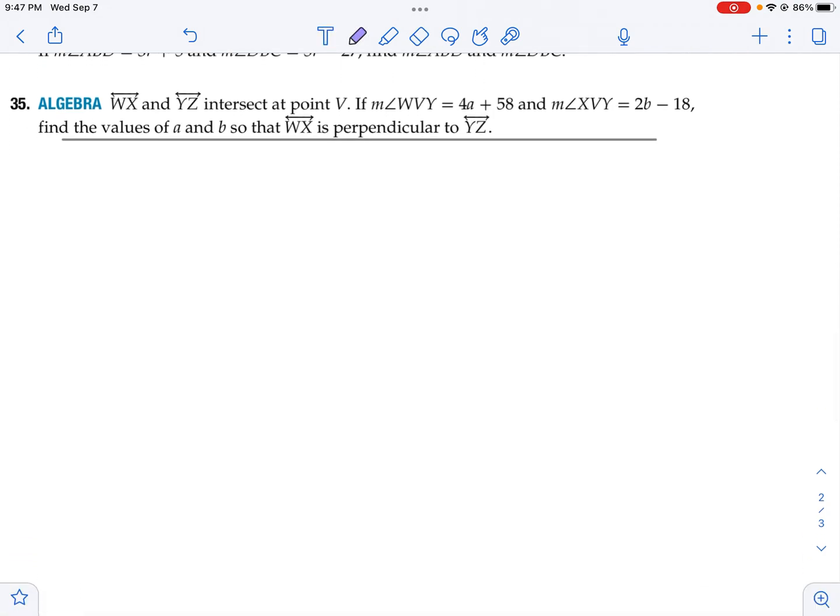For 35, again, we're going to draw, and I'm going to see if I can identify any vertical pairs, linear pairs, anything that we've talked about in class, those angle pairs. WX and YZ intersect at point V. So there's WX, here's Y, Z, and they intersect at point V. There's our step one.